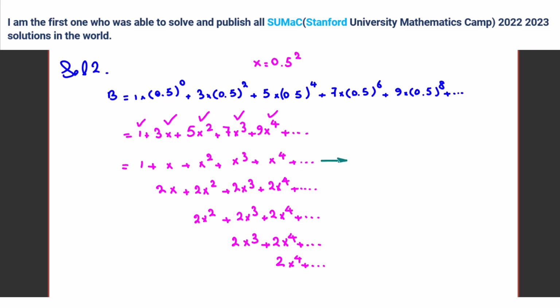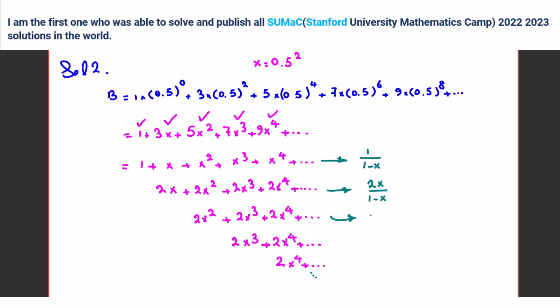Yes. Now we should calculate each row. First row is what? Just 1 over 1 minus x. Yes. Next part is what? 2x over 1 minus x, because you should factor out 2x, then it will be the previous one, right?